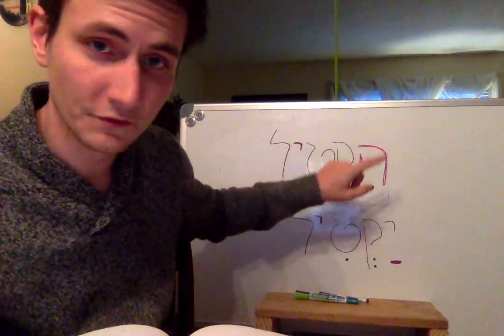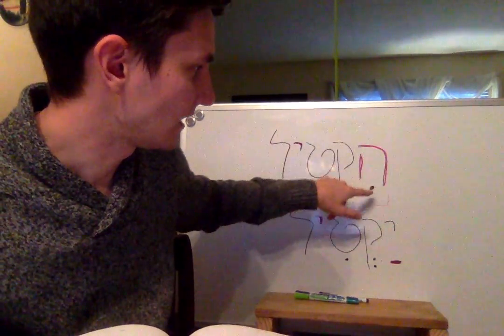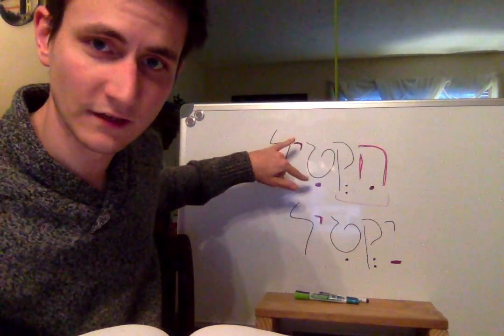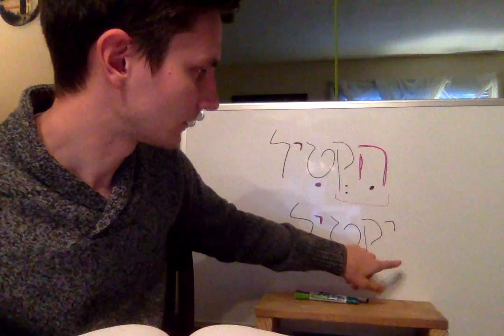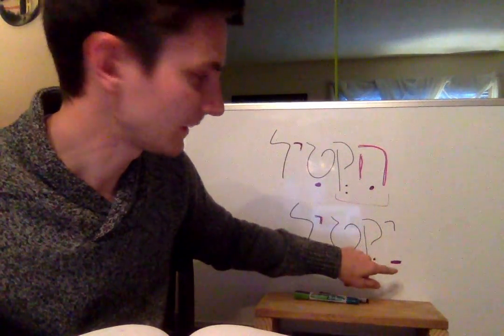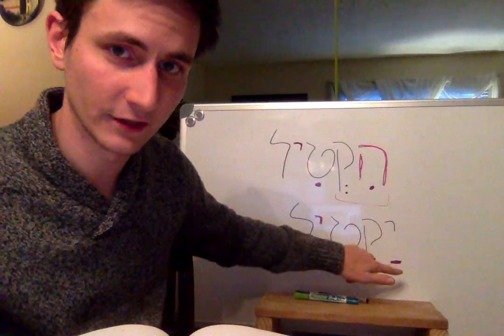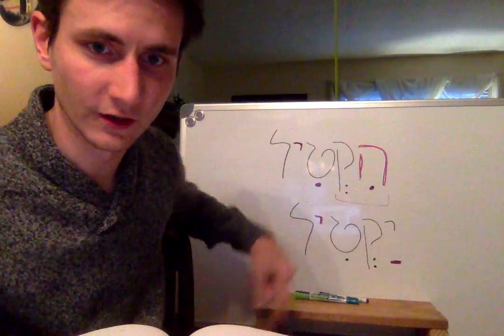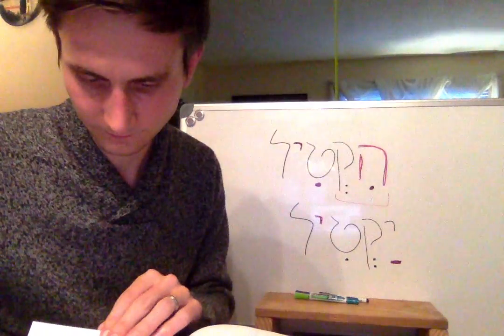So again, the clue for the perfect is the he hirik in a closed syllable. Sometimes you have an infixed hirik yod. The biggest clue for the imperfect is the patach under the first letter in a closed syllable, sometimes an infix hirik yod. Okay?